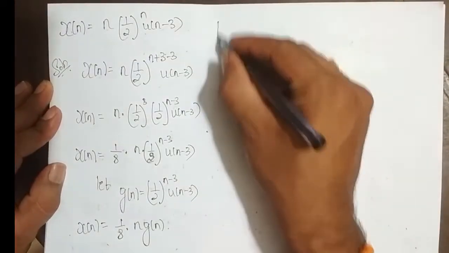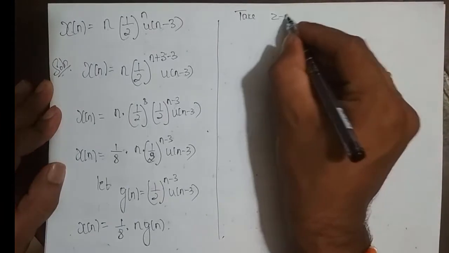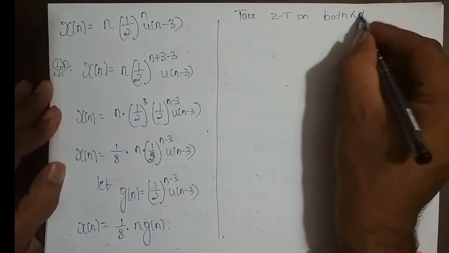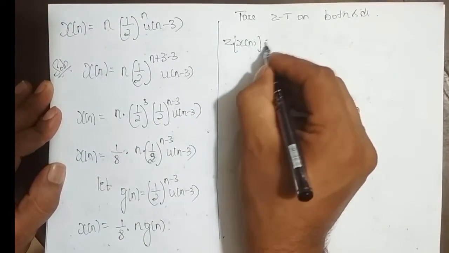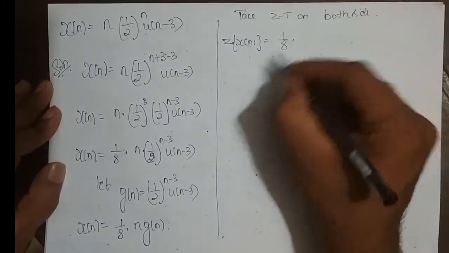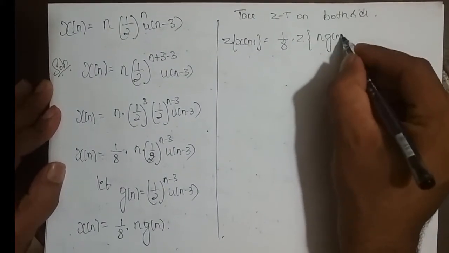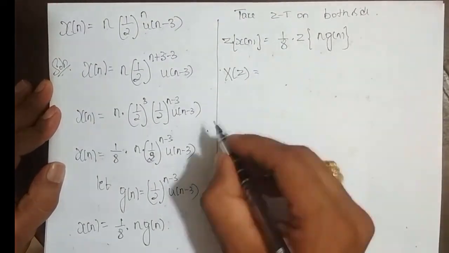Okay, so if I take Z transform on both sides, what do I get? Z transform of x of n is equal to 1 by 8 into, since it's constant I'll take it out, Z transform of n into g of n. Z transform of x of n is x of z.